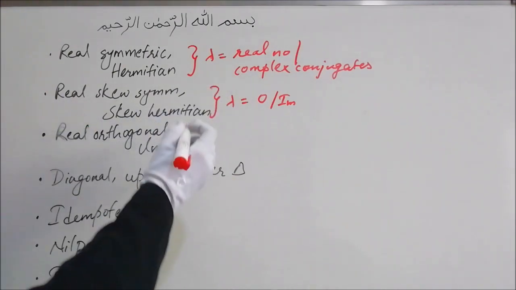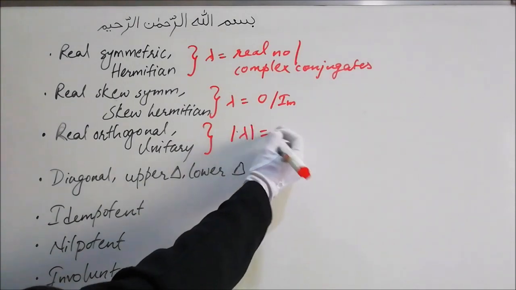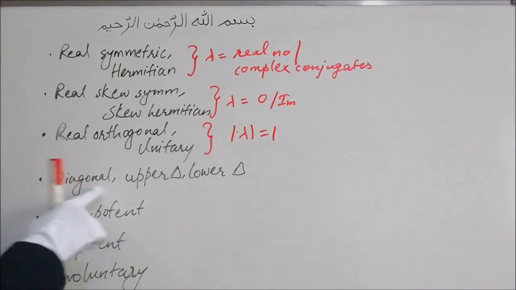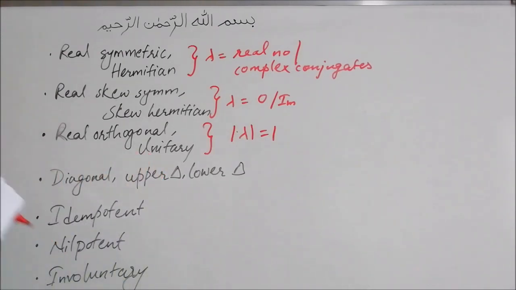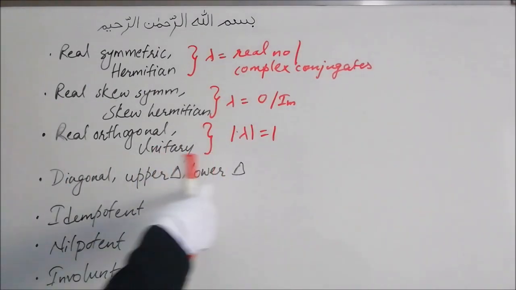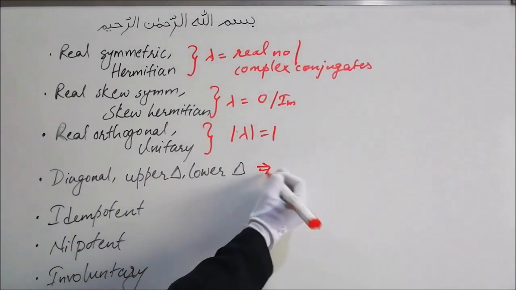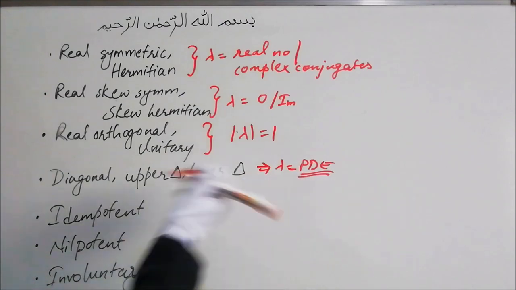For a real orthogonal or unitary matrix, the absolute value of lambda is equal to 1. For a diagonal matrix, only the diagonal elements exist. Upper triangular matrix, the diagonal element and the upper triangle exist. Lower triangular matrix, the diagonal element and the lower triangle exist. For these, the eigenvalues are the principal diagonal elements.